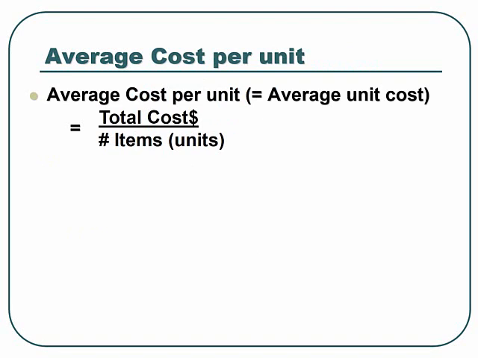Not only the average retail price, but sometimes we also want to calculate average unit cost. Just like average retail price, average cost per unit is calculated by dividing the total cost value of the group of merchandise by the total number of units that group of merchandise has. We can calculate average cost per unit for any group of merchandise, in the same manner as we calculate the ARP.